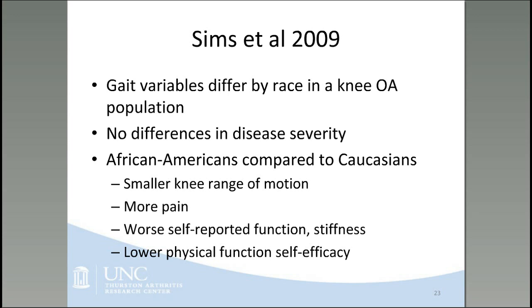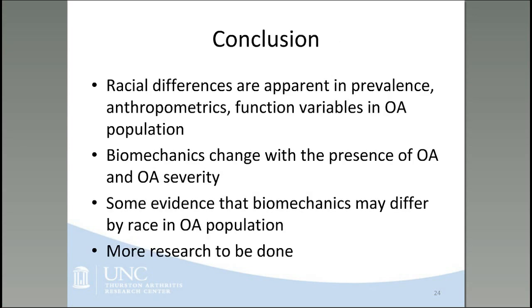So their confidence in their ability to perform a physical task. So there could be something about perceptions of disability that could be affecting joint movement strategies. Clearly, this study shows that there's potential for more work to be done in examining racial differences in biomechanics.